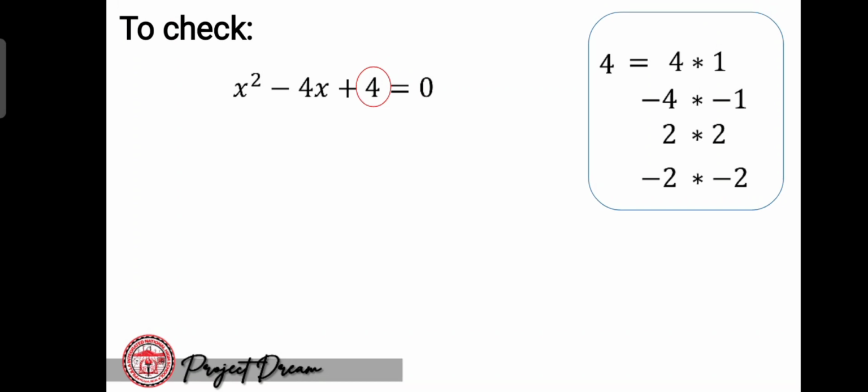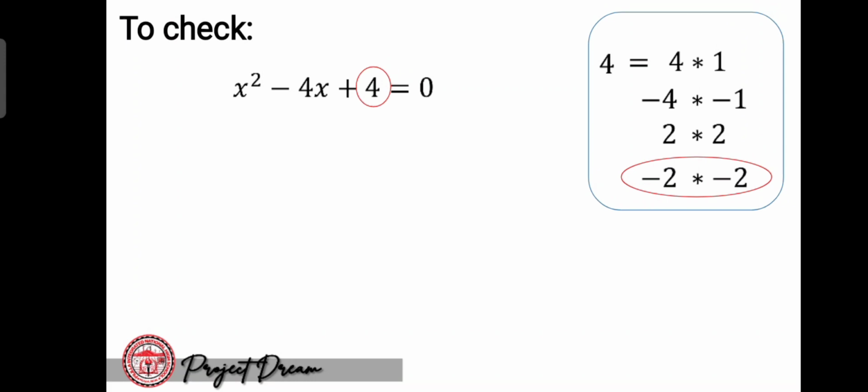Okay, very good. The factors are negative 2 times negative 2. So let's check. Negative 2 times negative 2 is equal to positive 4. It is equal to the third term, right? Now, let us try to add. Negative 2 plus negative 2 is equal to, what do you think?